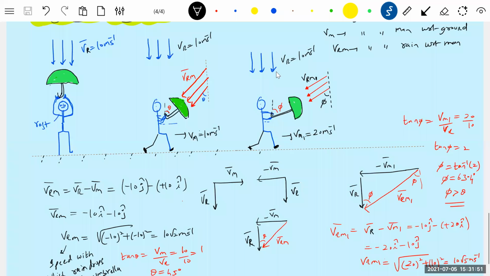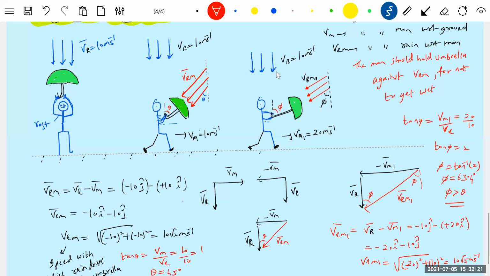So what is the basic necessary condition? Here we'll write that condition. The man should hold the umbrella against VRM bar to avoid getting wet or drenched.